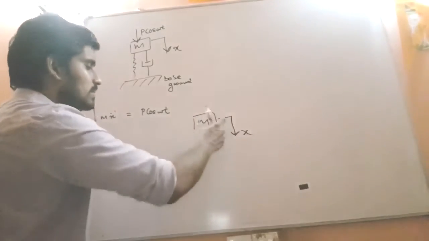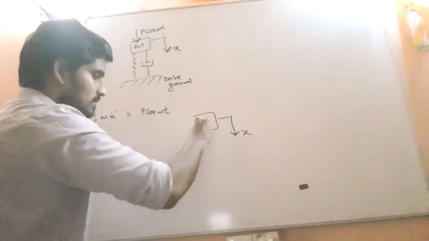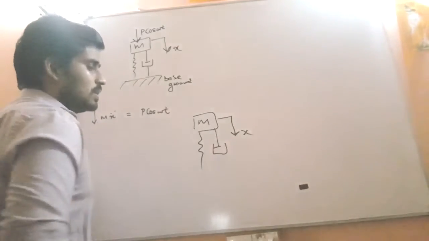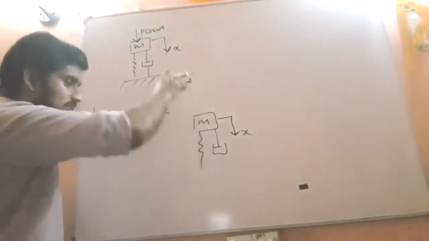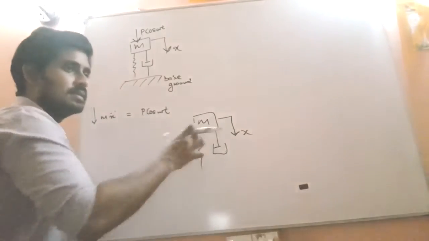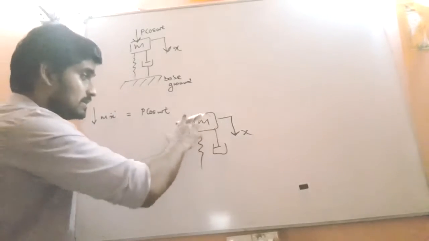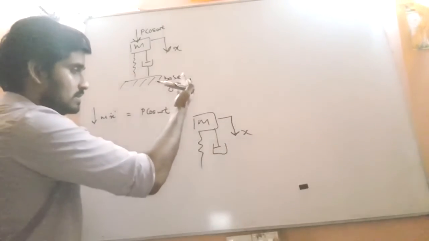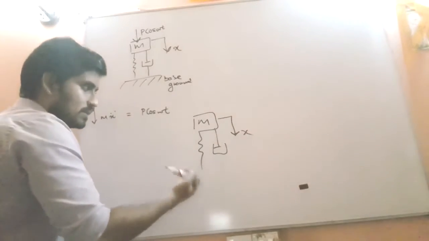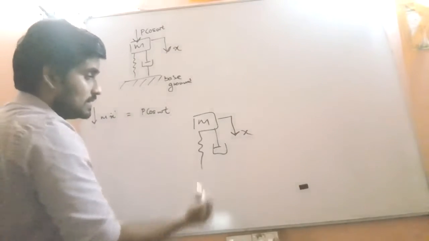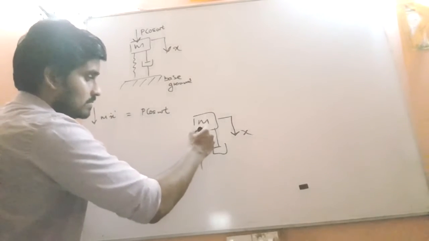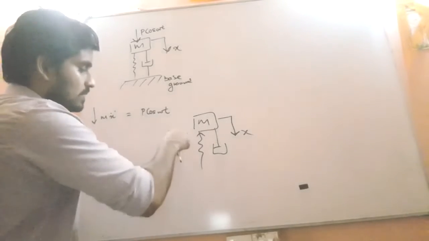So that means this mass is pressing the spring as well as the damper. The mass is pressing the spring, so the spring is exerting a reaction force on the mass along the upward direction, right? What is the value of that force?